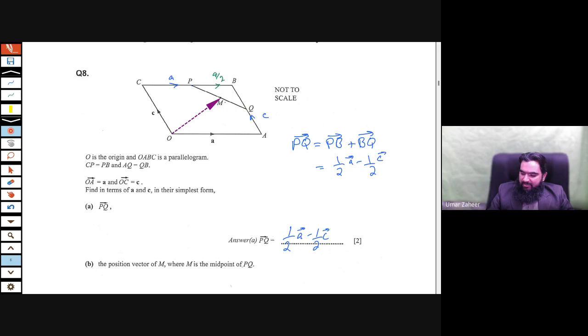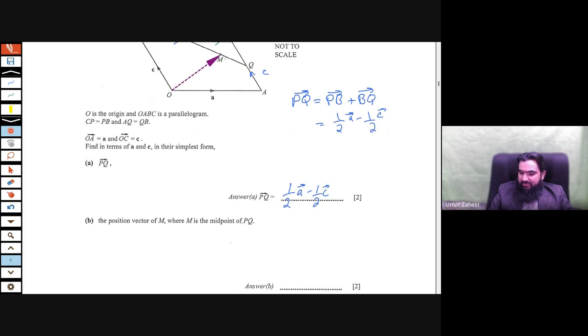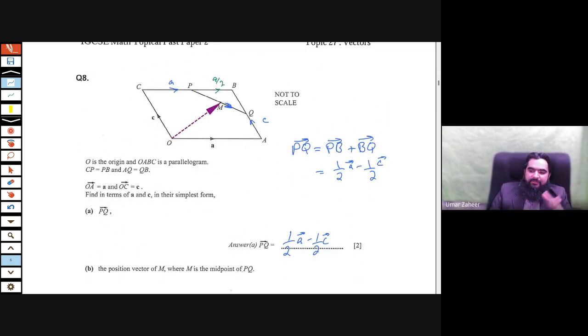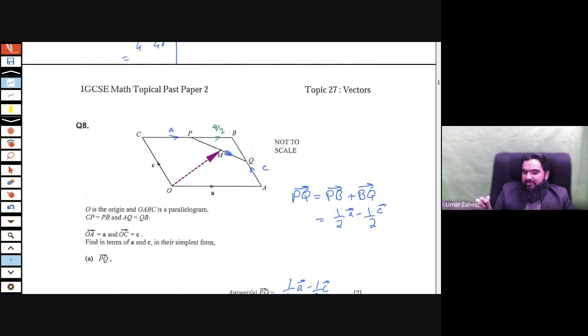But you have to be careful about the direction of the vector. It is PQ. So the direction of PQ is in this way. You are starting from P and ending at Q, meaning the starting point is P and the ending point is Q. So let's say I choose this path.